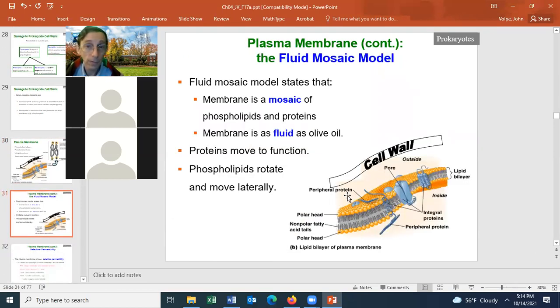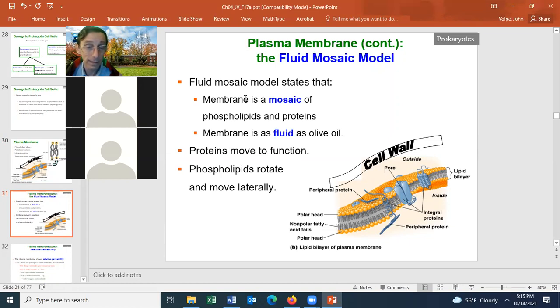You should know that the plasma membrane is a fluid. And it always amazes me when I look at my hand, it's held together by cells, which are stuck together by the cell membrane. And that membrane is a fluid. Any question about that?